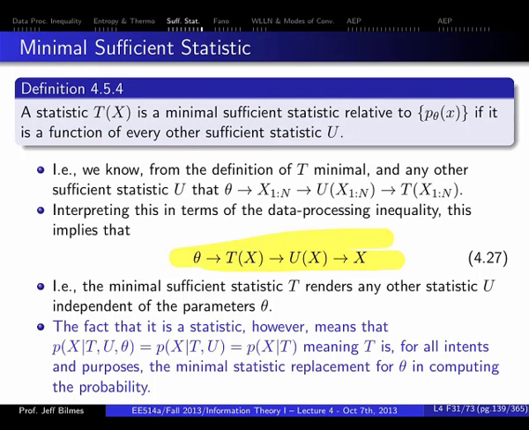I don't understand why it's called minimal. Is that like an order or something? It's called minimal because, let's say that you have, a minimal one is one that's a function of any other statistic. Like here's one, counting the number of heads.